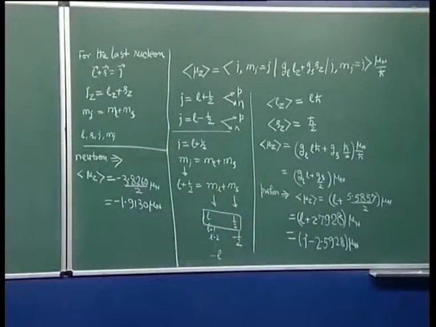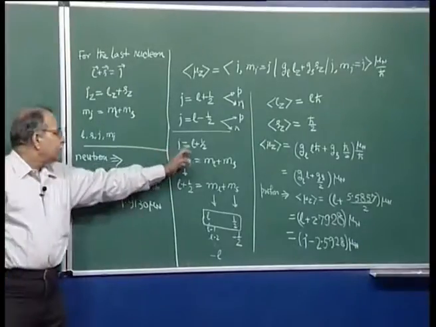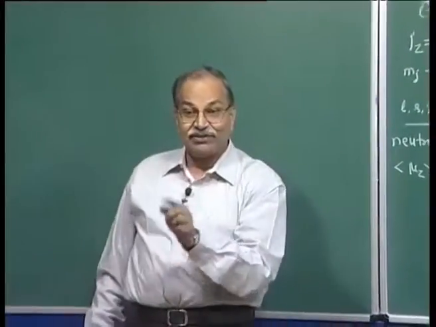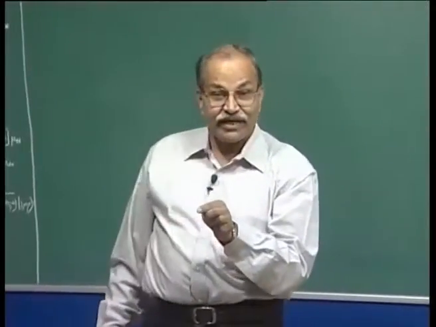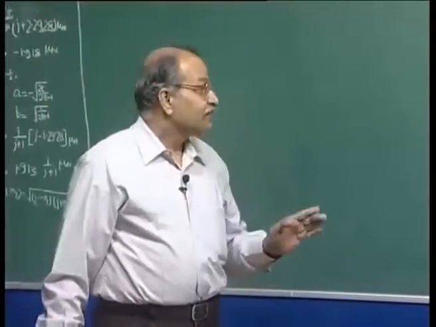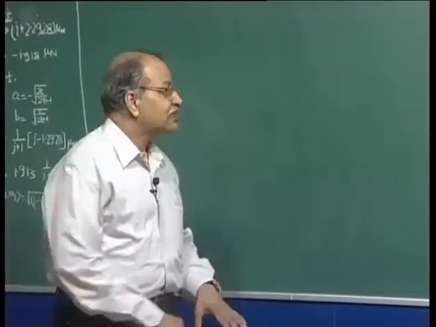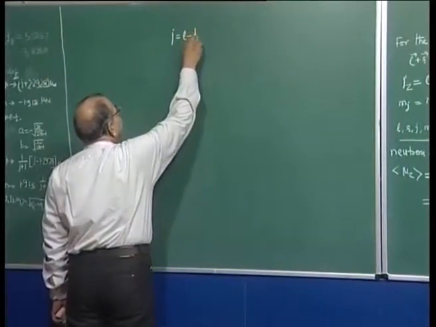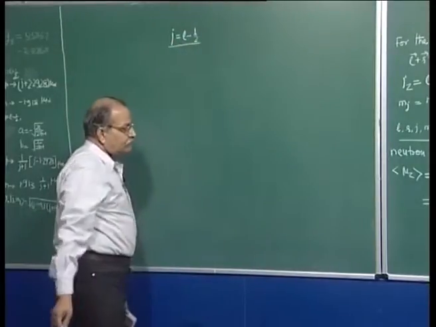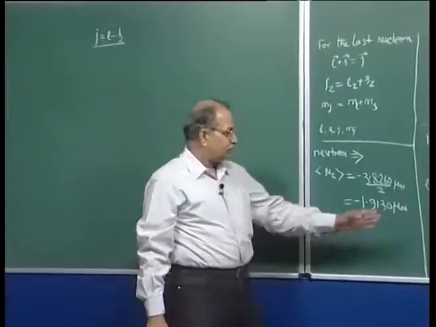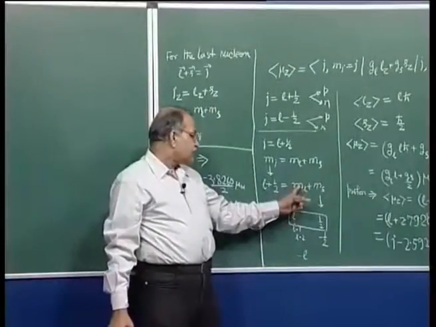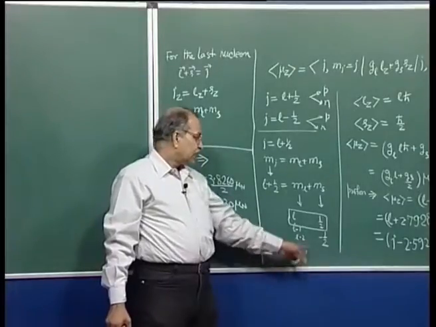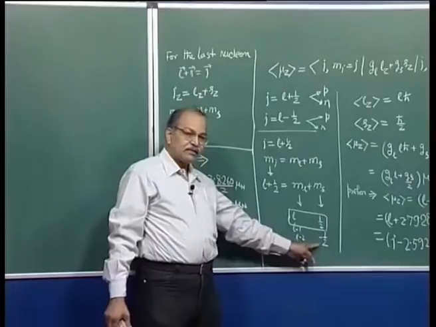Okay, now discuss the case when J is L minus half, that means states like P half or D 3 by 2. So, those states where J is L minus half. So, again look at this table. M L can take values L, L minus 1, L minus 2 and so on up to minus L, and M S can take values half and minus half.